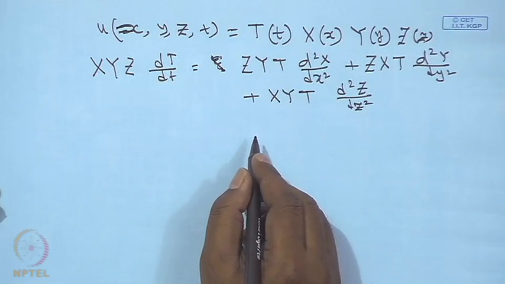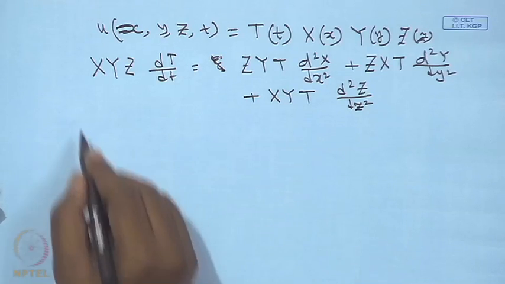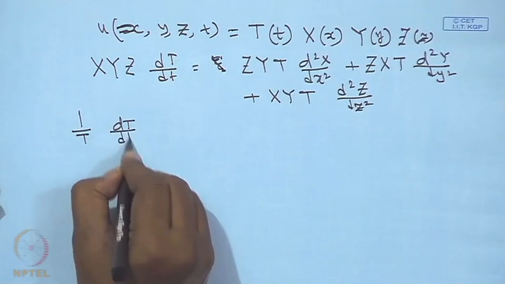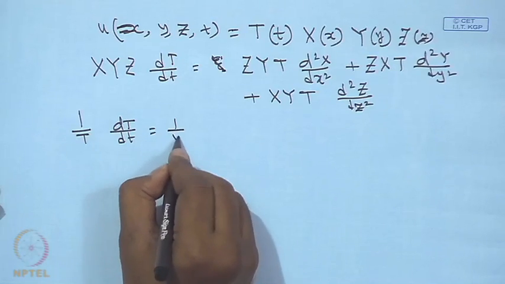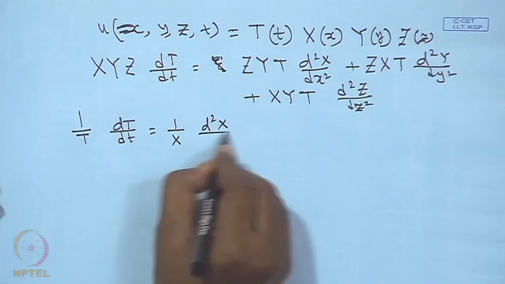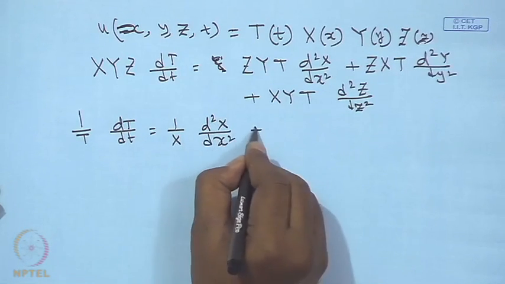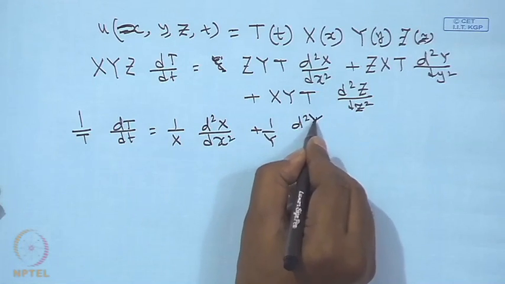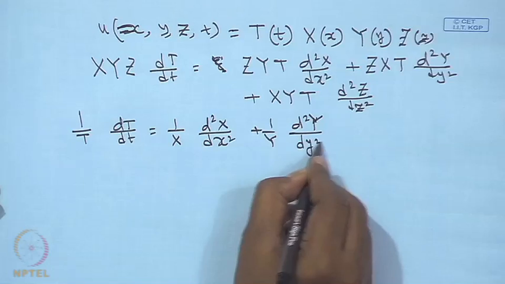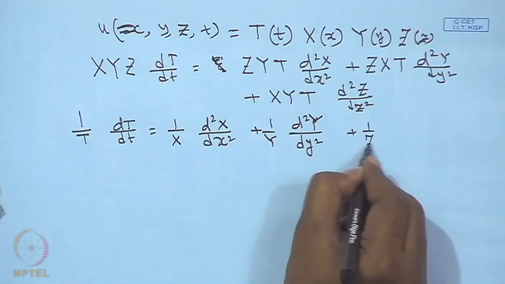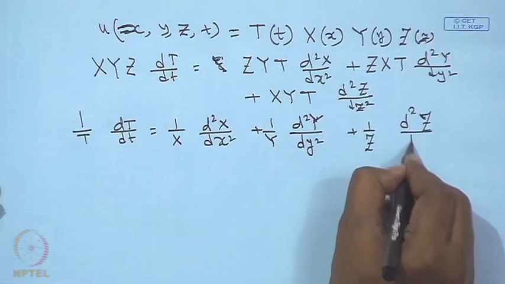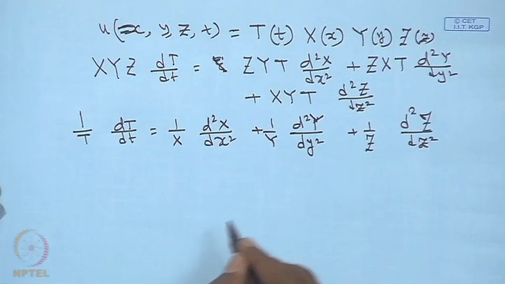So, we divide both sides by X Y Z T, what we will be getting is that 1 over T dT by dt is equal to 1 over X d square X dx square plus 1 over Y d square Y dy square plus 1 over Z d square Z dz square.